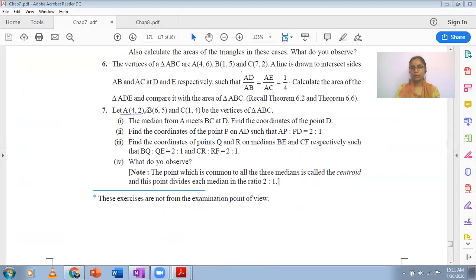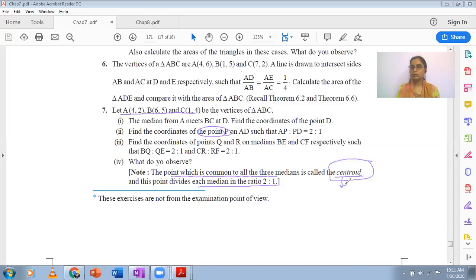Over here आपके पास ये vertices हैं. आपने इस point की जो ratio निकाली, the point which divides the median in the ratio 2:1 is called centroid and divides each median in the ratio 2:1.